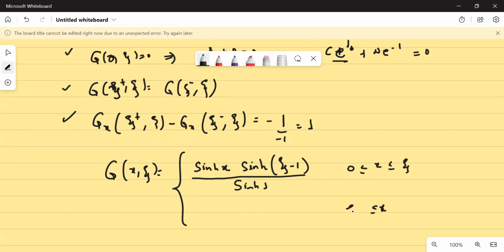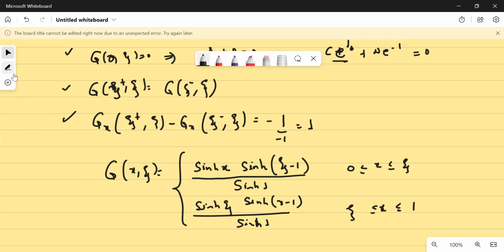And if x lies between zeta and 1, it is sinh zeta times sinh(x minus 1) divided by sinh 1. You put all these conditions together and you will get this Green's function.